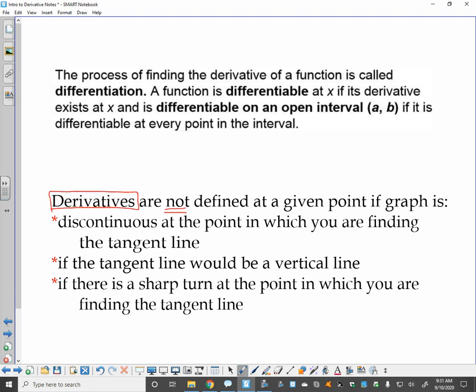Derivatives are not defined if we are discontinuous at the point in which you are finding a tangent line. Here's a great example. I can find the derivative of him wherever he exists, but I cannot find it at 0 because I'm not continuous at 0.